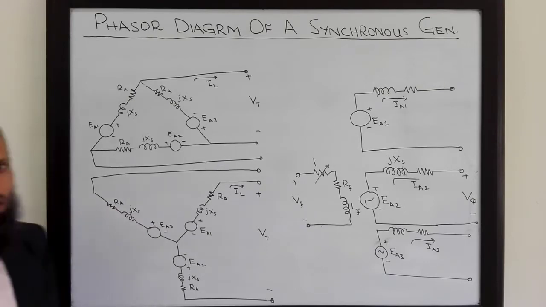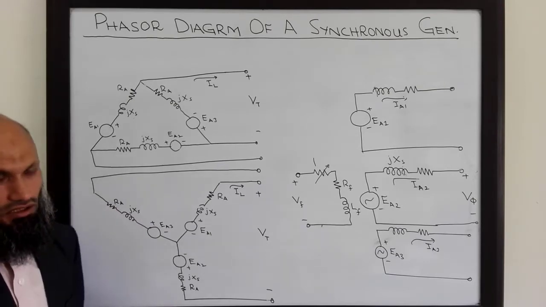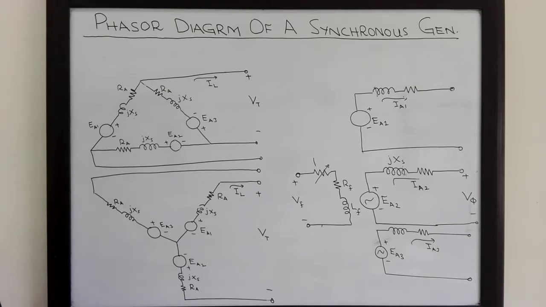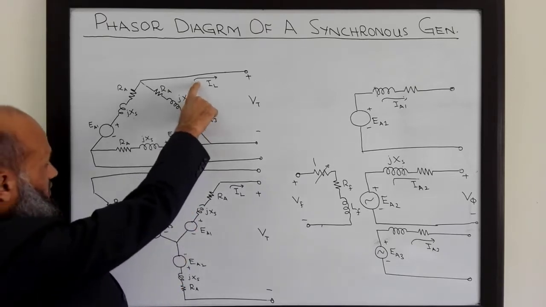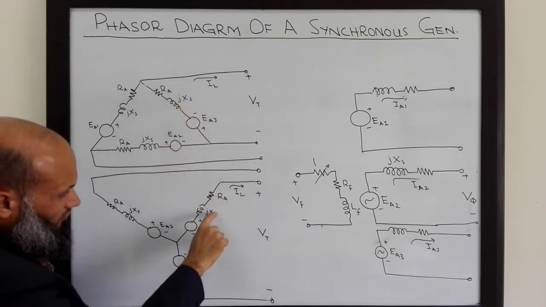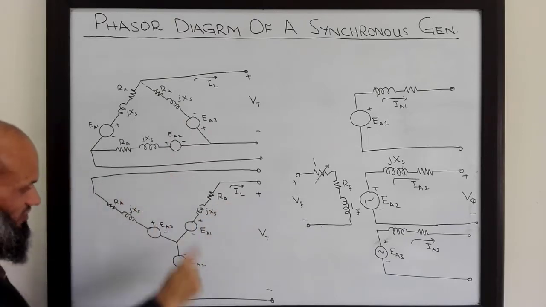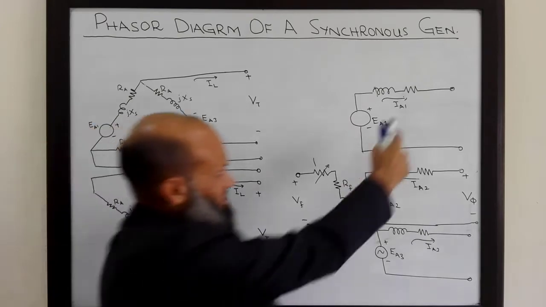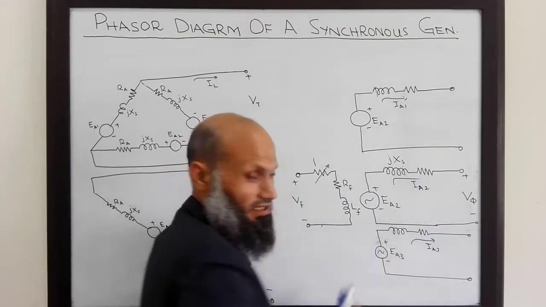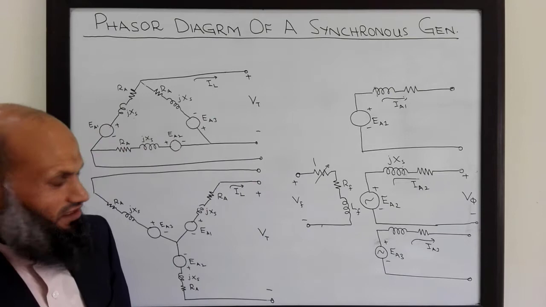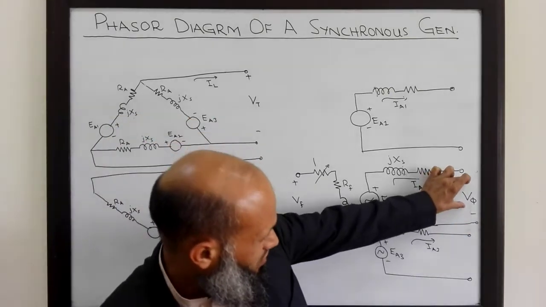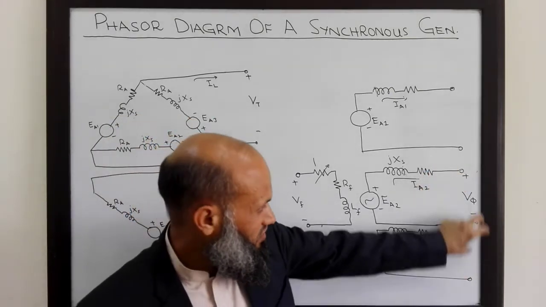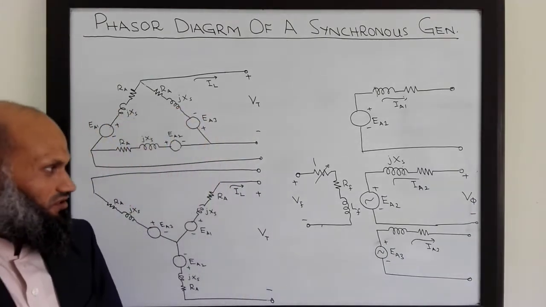And if you have connected a balanced load to this synchronous generator, then all these currents, that is the current in this phase, and the current in this phase, and the current in this phase, will be the same. That is, IA1, IA2 and IA3 will be the same, and the same will be the situation with the phase voltages over here, the output voltages.